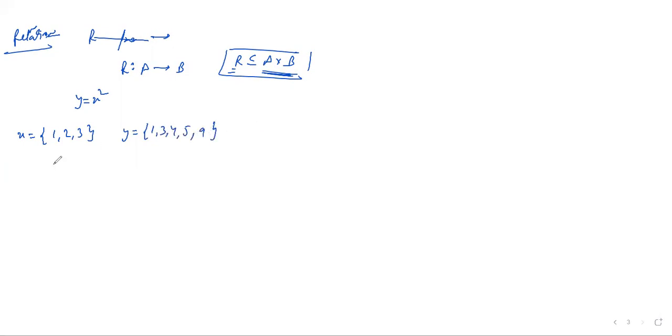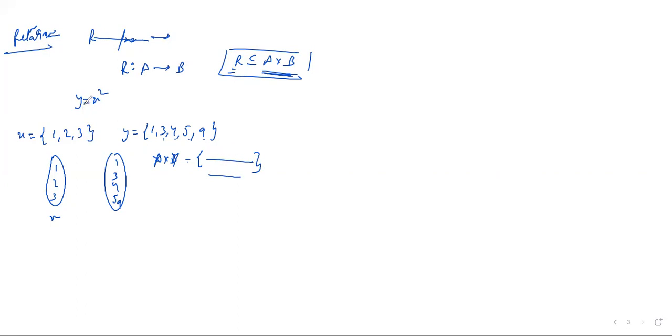Let's first see the Cartesian product, X cross Y. It will be (1,1), (1,3), (1,4), (1,5), (1,9), (2,1), (2,3), (2,4), (2,5), (2,9). Similarly, (3,1), (3,3), (3,4), (3,5), (3,9).